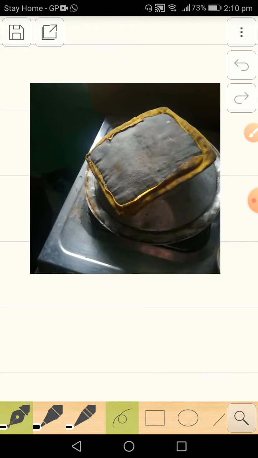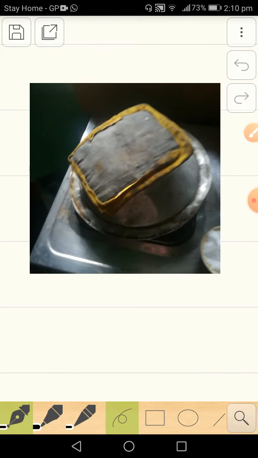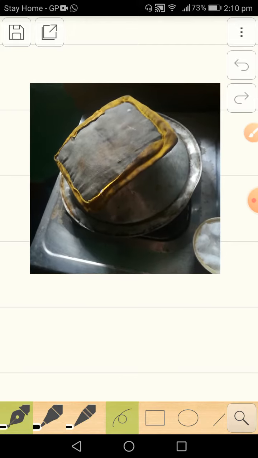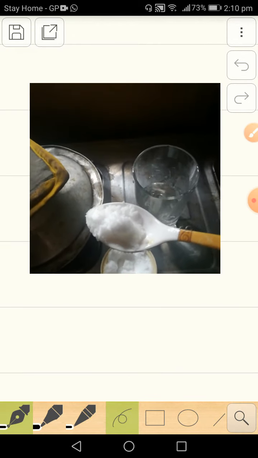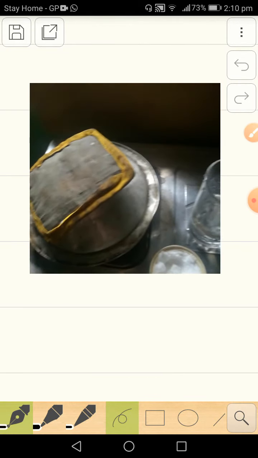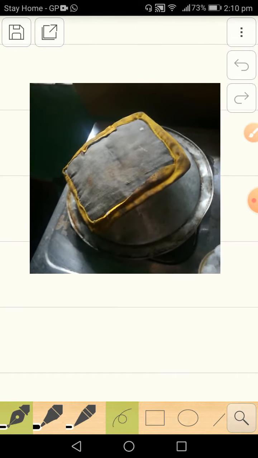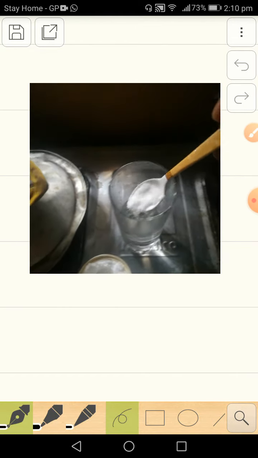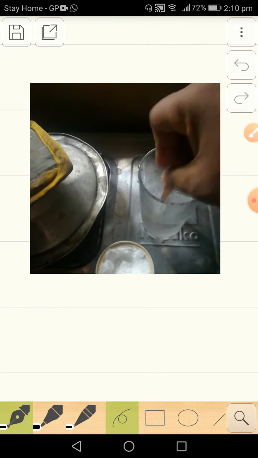Then this is the salt. I am taking salt here. This is sodium chloride, also called table salt. We are dissolving the salt in the water, like this.